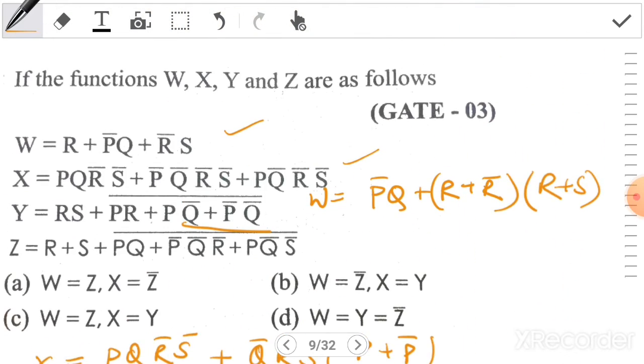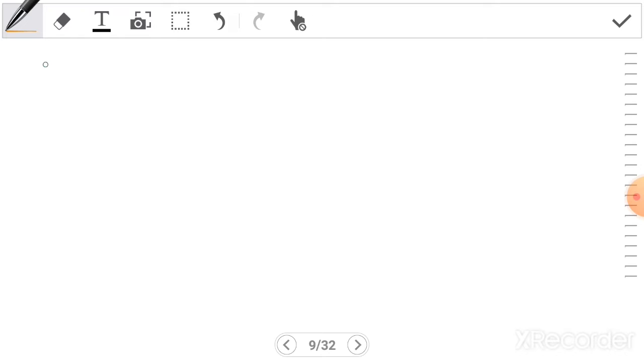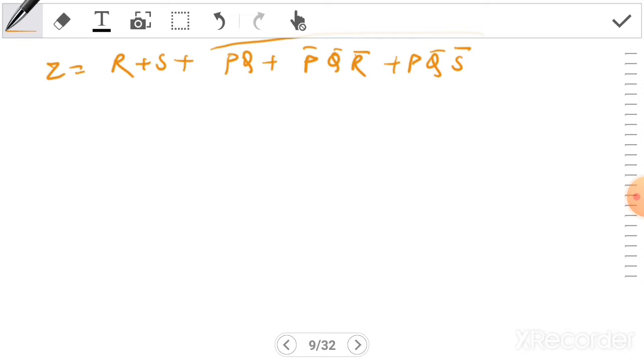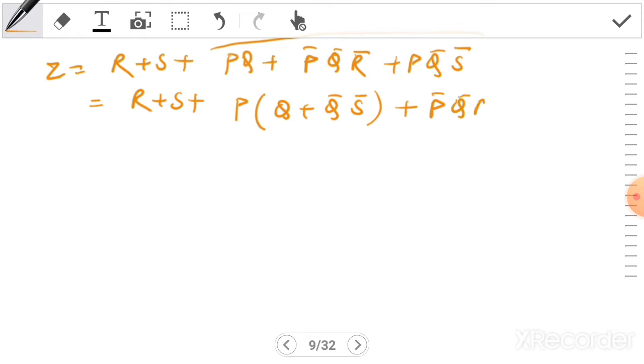Then let's simplify Z. So Z is equal to R plus S plus PQ plus P complement Q complement R complement plus PQ complement S complement, whole complement. Again R plus S plus P, take P common, so Q plus Q complement S complement and P complement Q complement R complement.